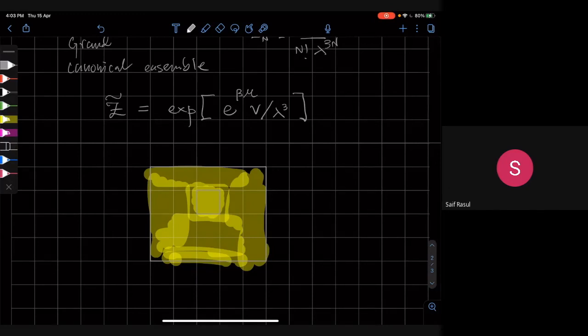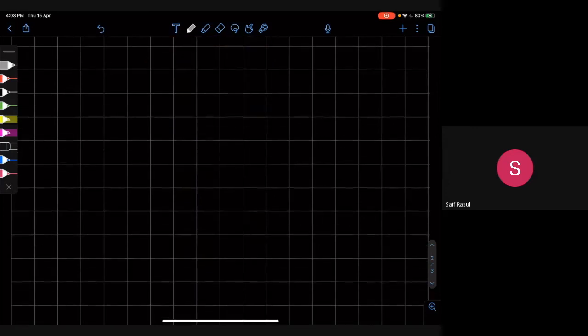Now that we have the partition function of the grand canonical ensemble, we can calculate what the equation of state is. If you remember, the grand canonical ensemble had a very nice potential, called the grand canonical potential.